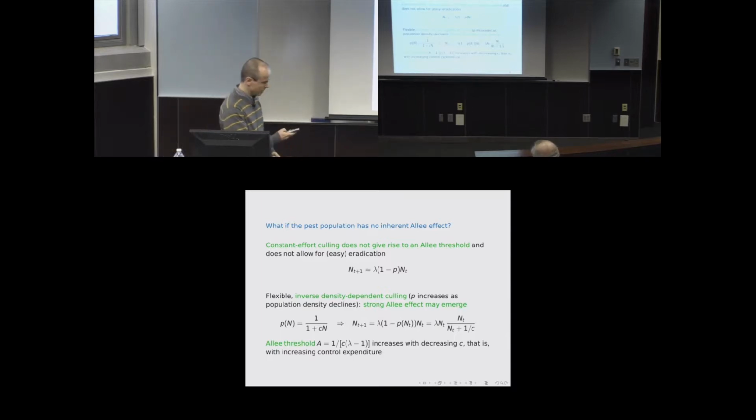Then the problem with this is different, and the problem is this: when you don't have an inherent Allee effect, you cannot stop the population control, because if you stop it, then immediately you go back to this equation and the population grows.